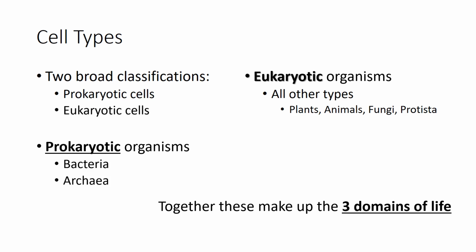So your three domains are the bacteria domain, the archaea domain, and the eukarya domain. There's a reason for that, but I don't want to spend a lot of time going into it. Ultimately, all life can be categorized in those three domains, depending on the context.